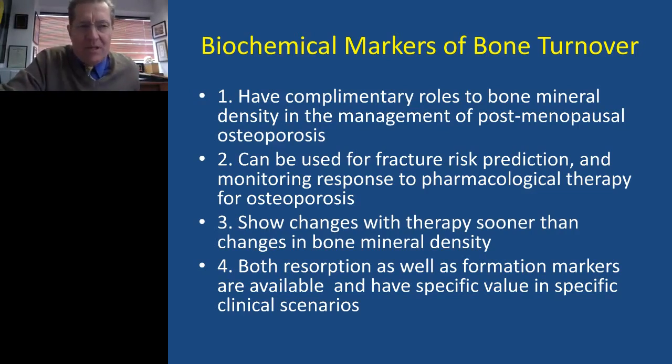Those that had PTHs below 100 picogram per milliliter and an alkaline phosphatase in the lower quartile had a very high probability of having adynamic bone disease. If they had a PTH below 150 and an alkaline phosphatase in the lower quartile, the sensitivity for adynamic bone disease, I think, was about 85%.